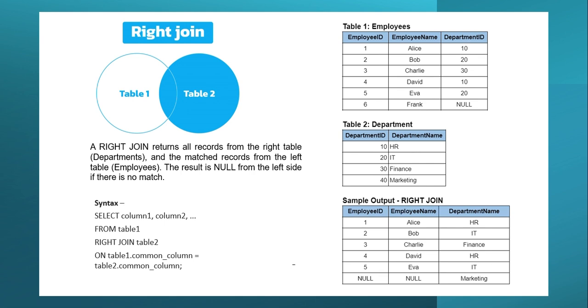Eva with employee ID 5 and department ID 20 again matches with the IT department. Now Frank is not included in our output, as we can see here. Why? Because his department ID is null.